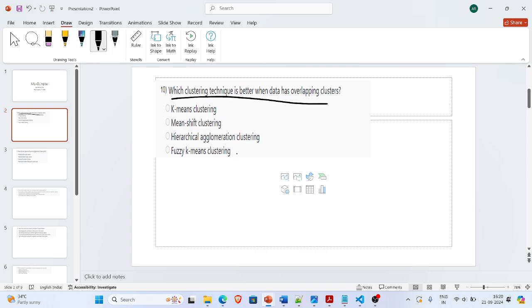Fuzzy k-means is the better one, because it allows the possibility of a data point being in another class, and assigns a softmax-type score. The highest one should be taken seriously, but it also signifies that the point may belong to other clusters as well.